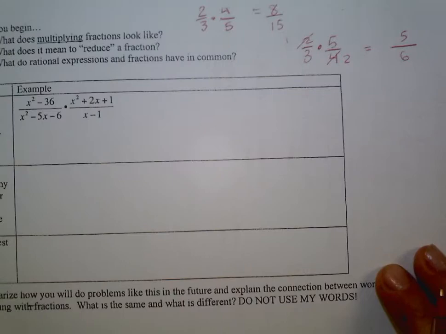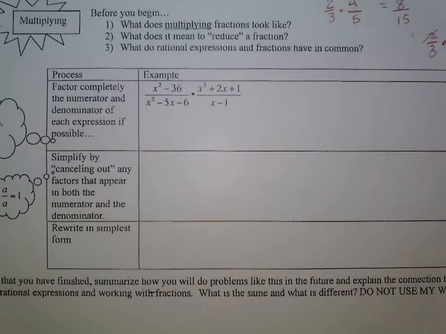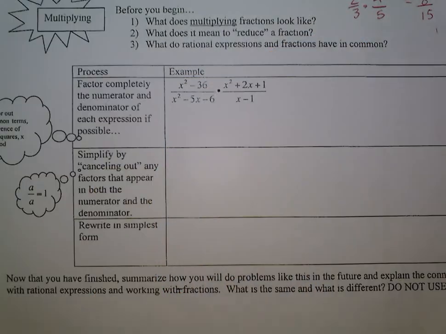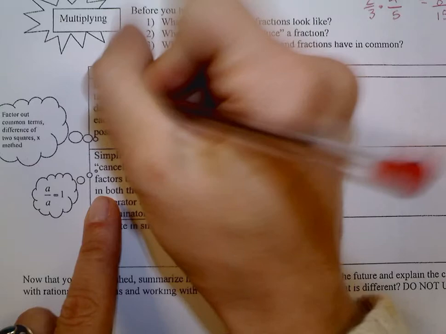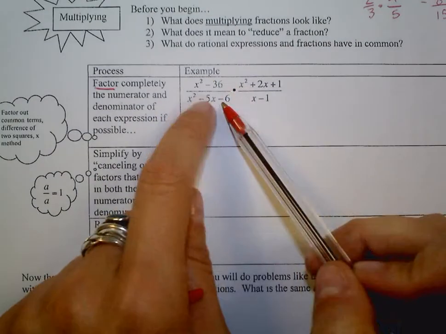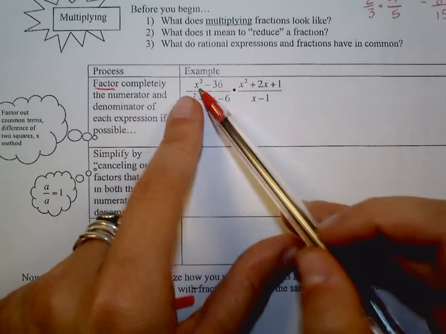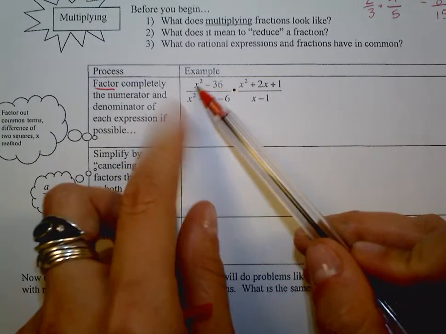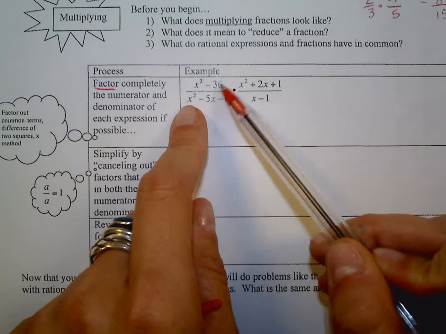Okay, now let's talk about rational expressions. So if I have something like this, I'm multiplying. The first thing I should always do is factor. So I'm going to factor each one of these. So x squared minus 36. I noticed that there's only 2 terms, and x squared is a perfect square, and 36 is a perfect square.